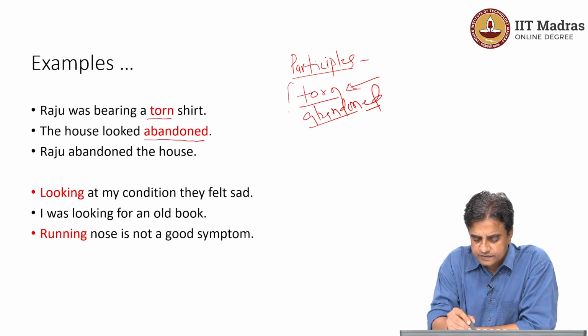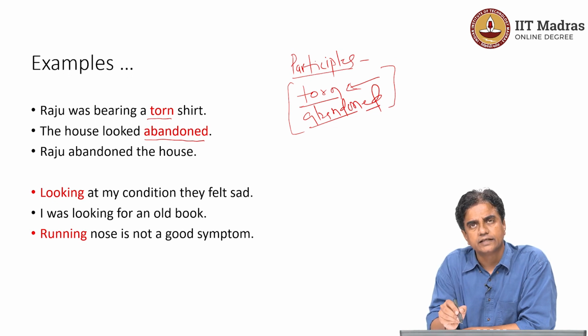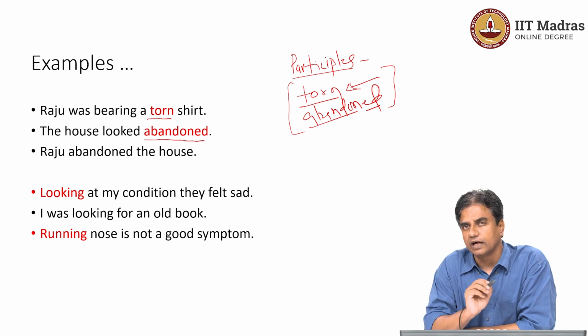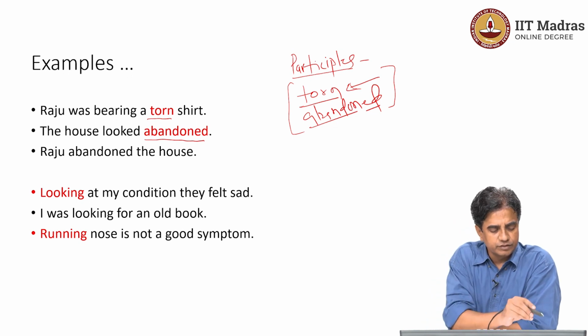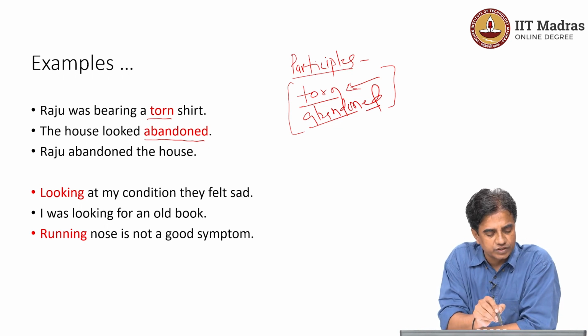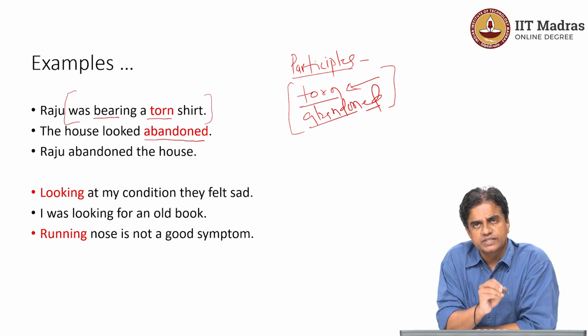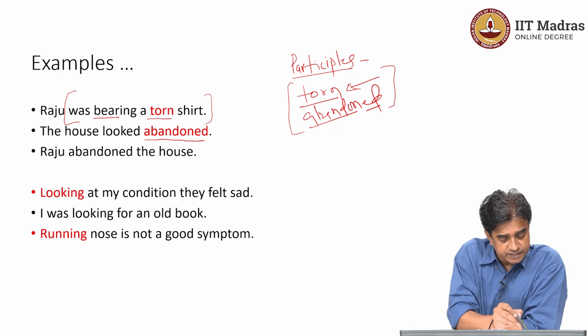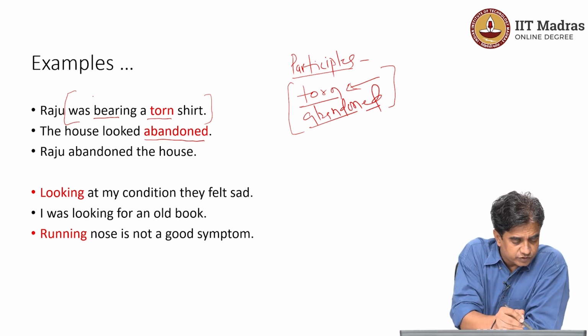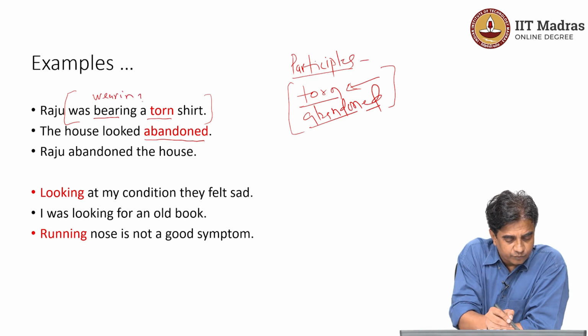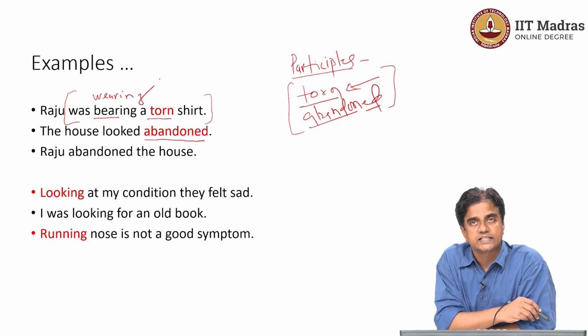When they are verbs, look at them and see if they are the main verb in the predicate. The answer is no, because in the first sentence, Raju was wearing a torn shirt, the main verb of this predicate is wearing. I meant something else with this sentence, but this is a fine sentence, and you can also use another one, bearing. That will be a fine sentence too.